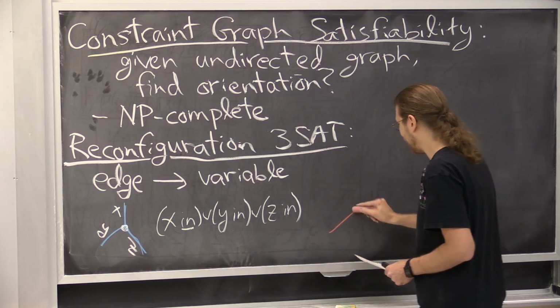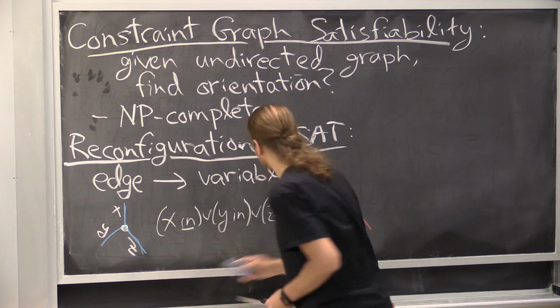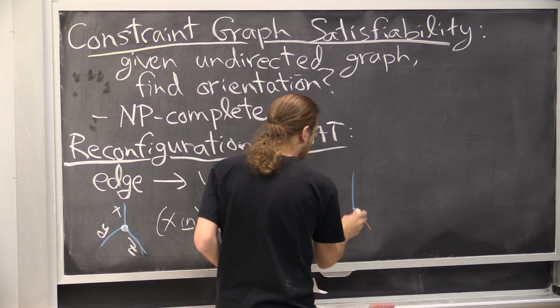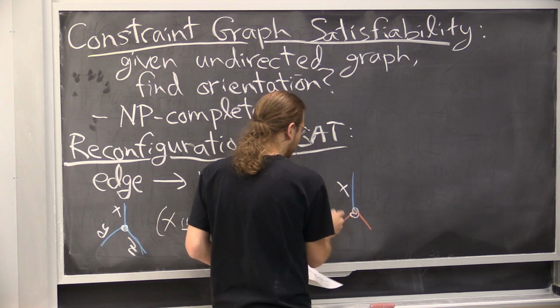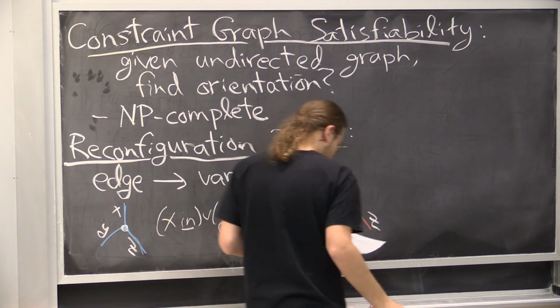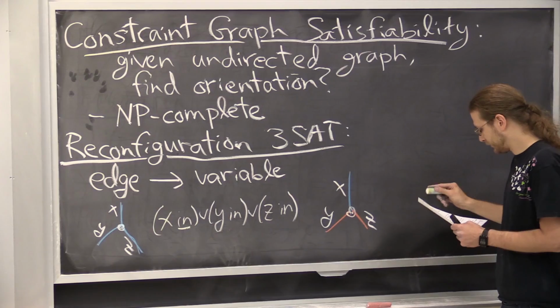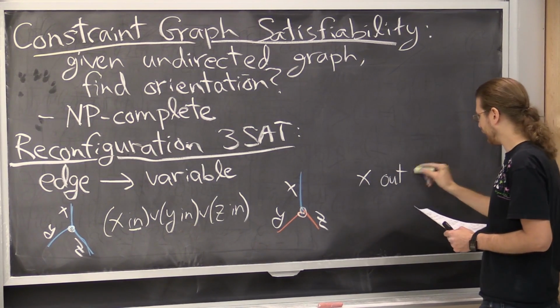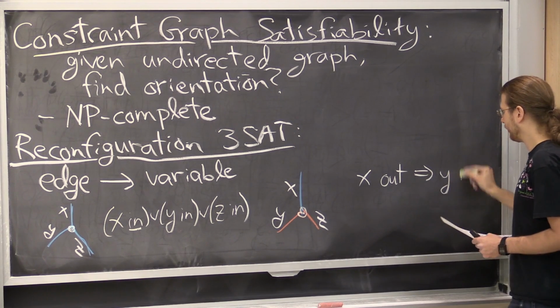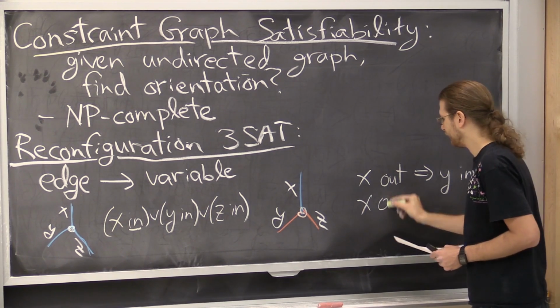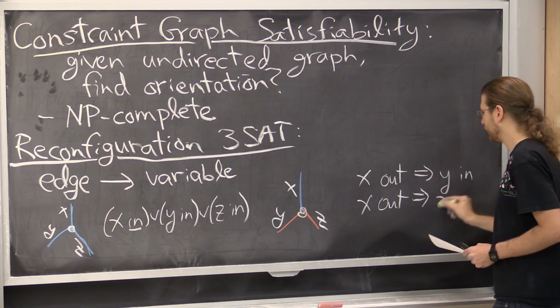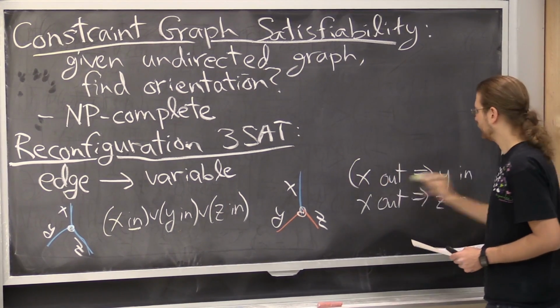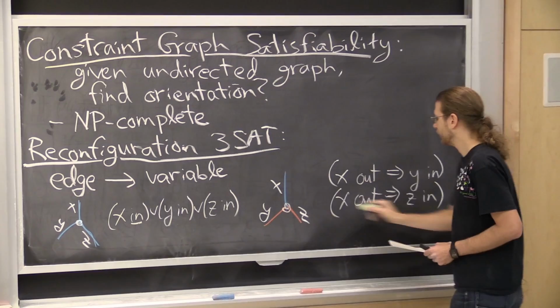And an AND vertex, say x, y, and z, is going to be two constraints, two clauses. If x is out, then y must be in. And if x is out, then z must be in. OK, so that's two clauses. We AND them together.